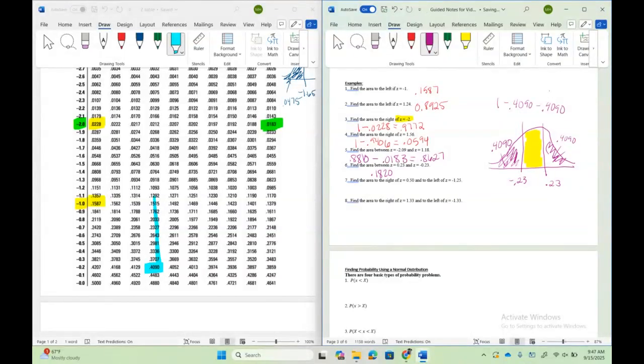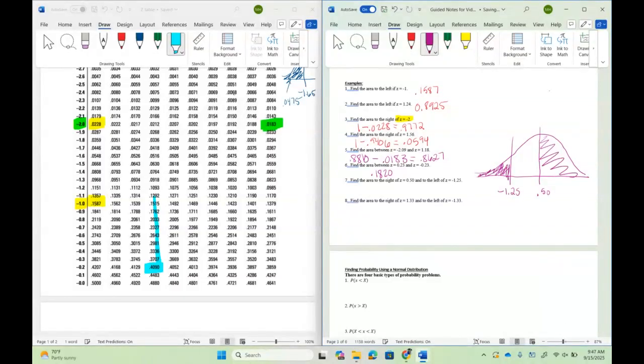All right, next question, find the area to the right and the left. So if I have an area to the right of 0.50 and to the left of negative 1.25, so that's this plus this.